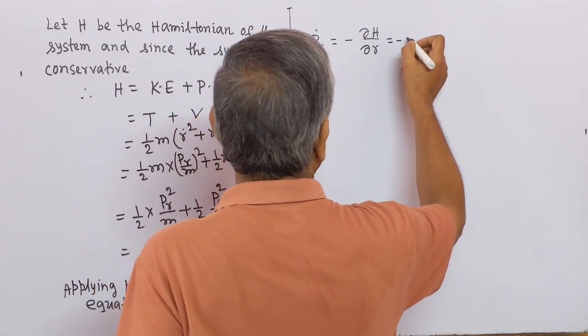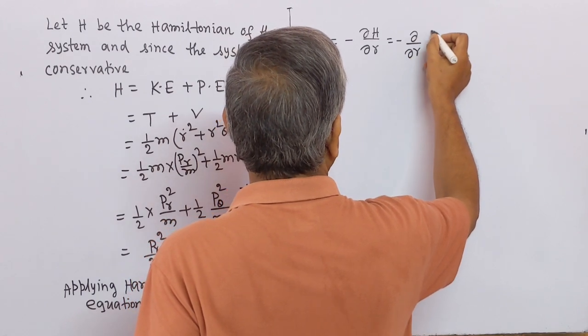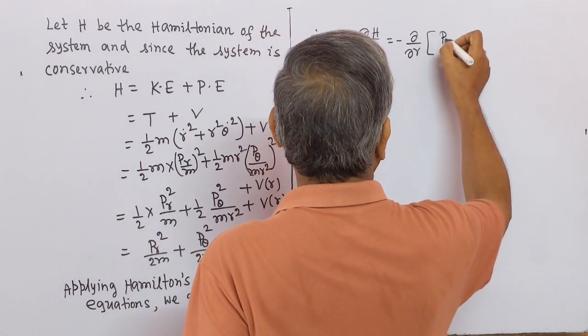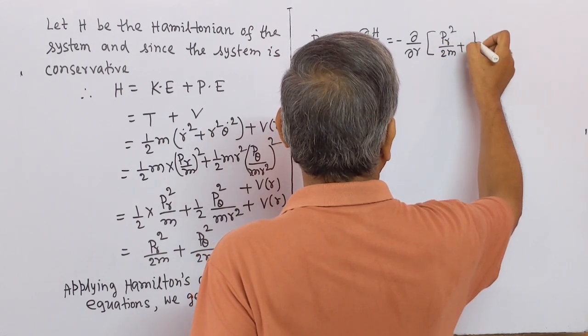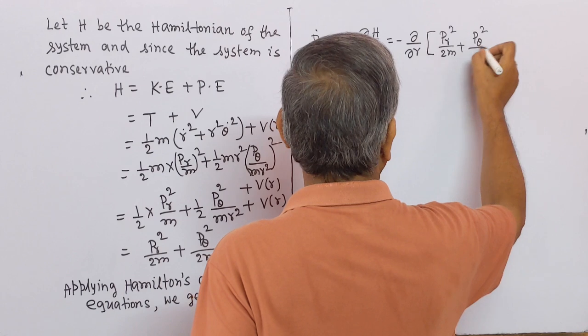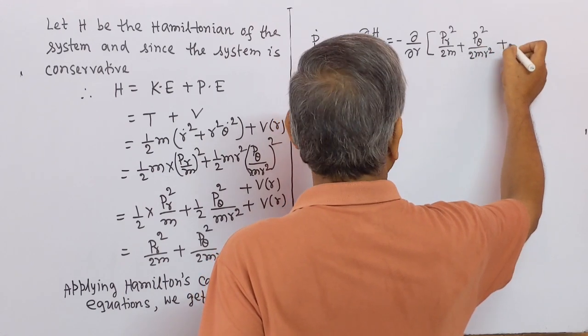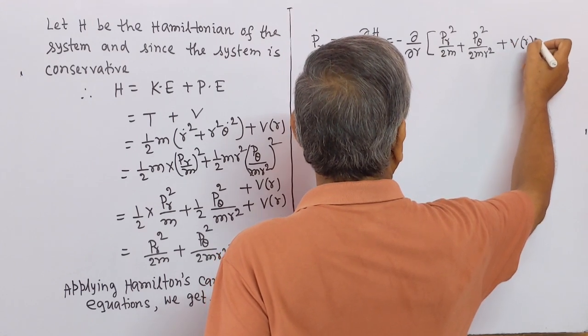This equals minus the partial derivative with respect to r, where H is Pr square by 2m plus p theta square by 2m r square plus V, the potential energy, a function of r.